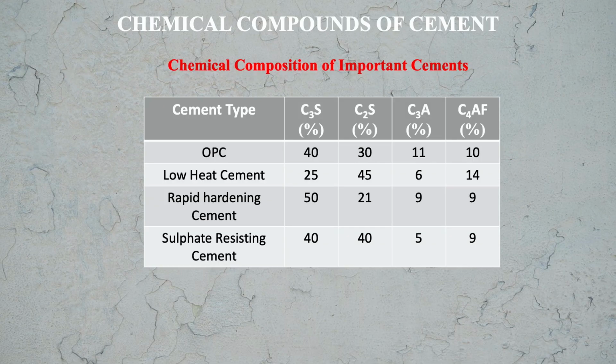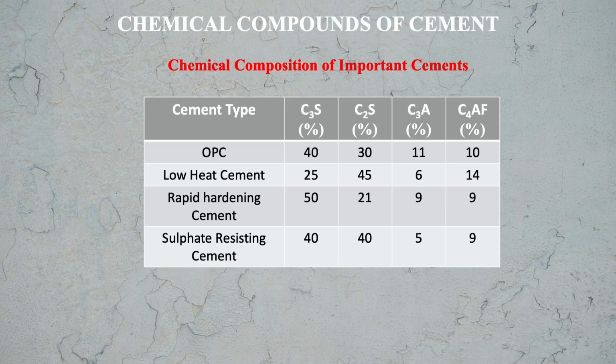In ordinary Portland cement, C3S is 40%, C2S is 30%, C3A is 11% and C4AF is 10%. Whereas for low heat cement, C3S is 25%, C2S is 45%, C3A is 6% only, C4AF is 14%. For rapid hardening cement, C3S is 50%, C2S 21%, C3A 9%, C4AF 9%.